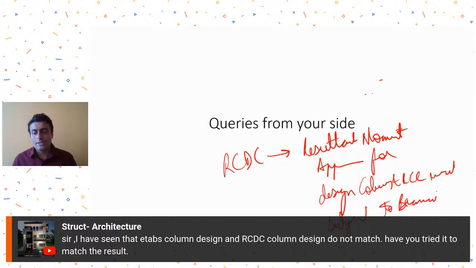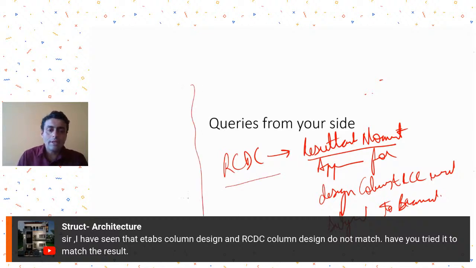Based on the moments about both axes, it will find a resultant moment, and then using the interaction curve, it will plot that resultant moment on the interaction curve and accordingly give you the interaction ratio, isn't it? That is the default method that RCDC uses.